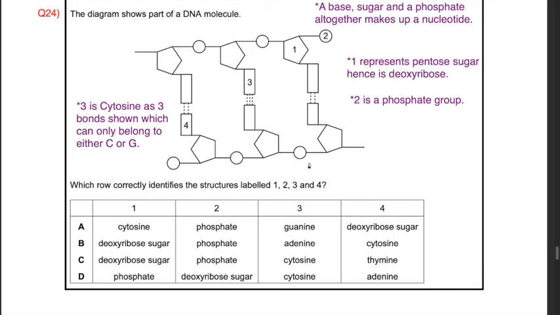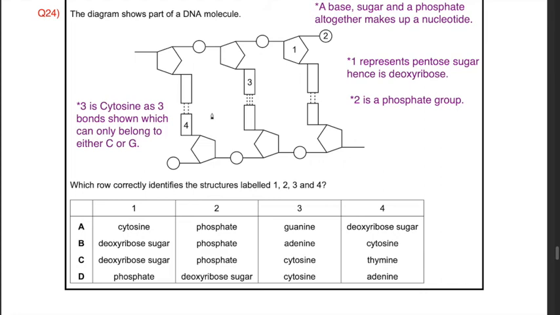2 is obviously a phosphate group. 3 is cytosine, not adenine, because as you can see, after they have shown 3, they have drawn 3 dotted lines. That means 3 bonds are shown, which can only belong to either C or G, because C binds with G using 3 hydrogen bonds, and A binds with T using 2 hydrogen bonds. Therefore 3 must be either C or G, and since answer B mentions adenine, for 3 that is incorrect.